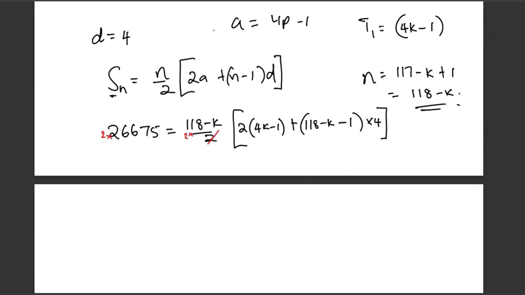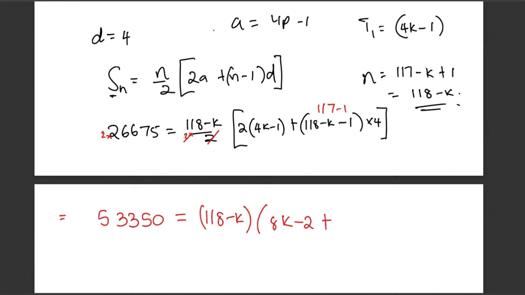Okay, so these 2 cancel, and then 2 times that figure, I'm getting 53350 is equivalent to 118 minus k into, that's going to be 8k minus 2. We know that 118 minus 1 is going to give us 117 minus k.